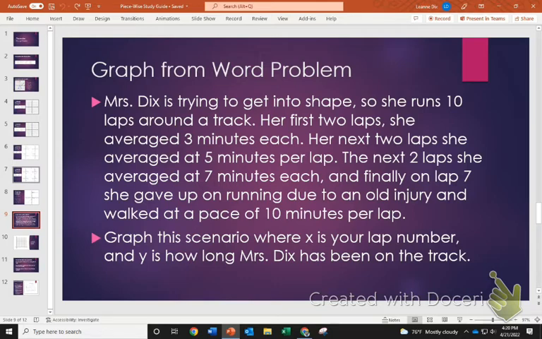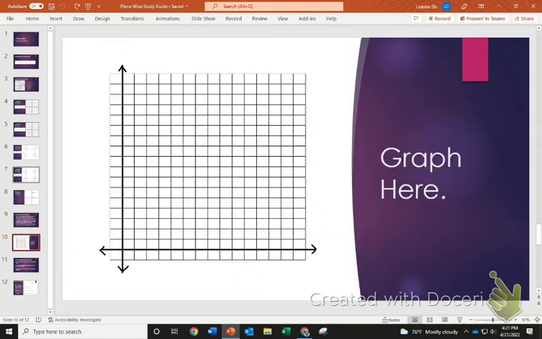All right, so the last part says, graph the scenario where X is your lap number and Y is how long Mrs. Dix has been on the track, which, again, is me. Since we're dealing with a real-life scenario here, I'm only going to deal with positive numbers. So I only care about the first quadrant because that's where all the positive numbers are.